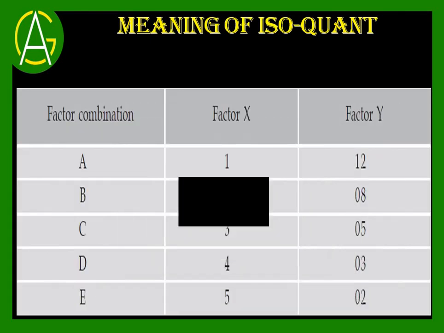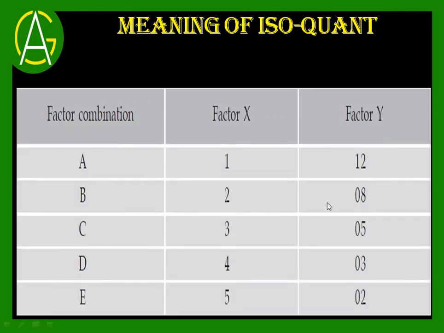Now the meaning of isoquant can be understood through this table. See, the factor combinations are given, factor x and factor y, two factors are there. In factor combination A, we have factor x 1 unit and factor y 12 units. Suppose this particular combination A is going to give you production worth 100 units.